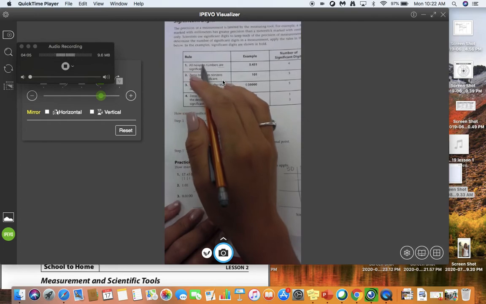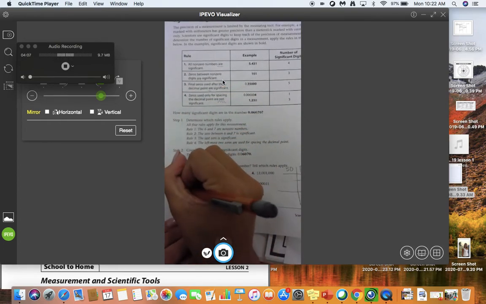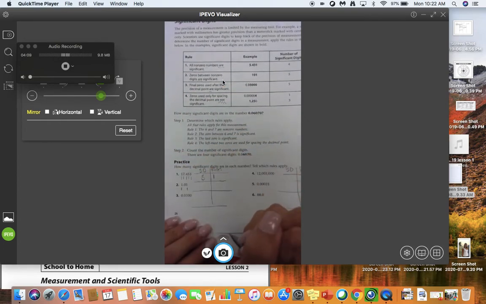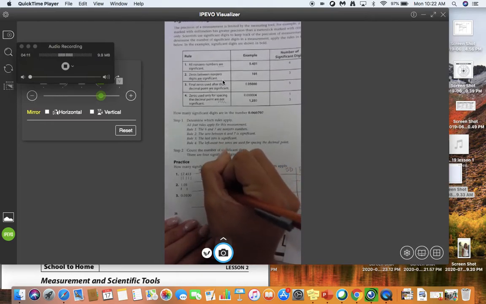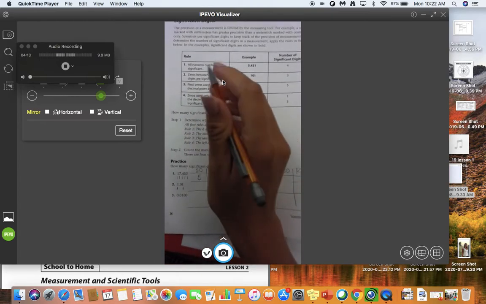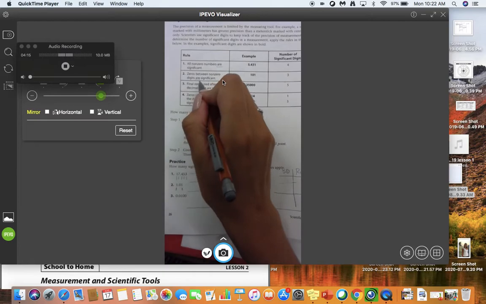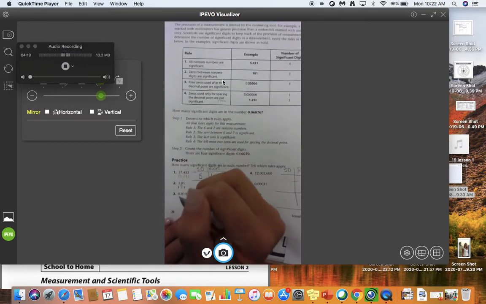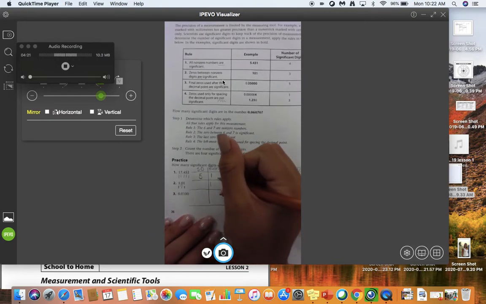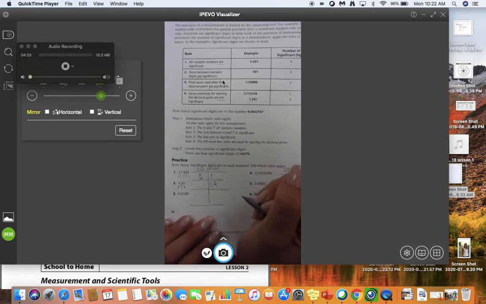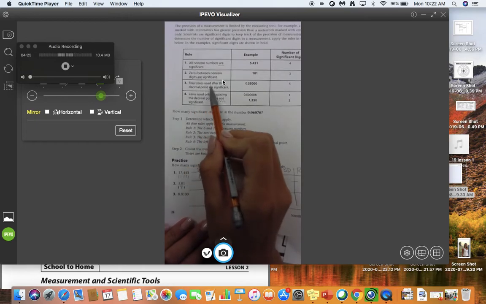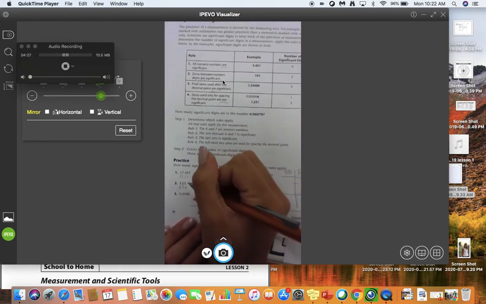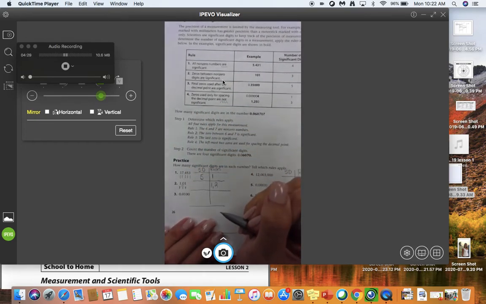So number 2, 1.01. Let's look at the first rule. All non-zero numbers are significant. So I know this one and this one for sure. Okay, so I write rule 1 down. Number 2, zeros between non-zero digits are significant. Well, this 0 falls right in between two non-zero digits, so I'm going to use rule 2 now.